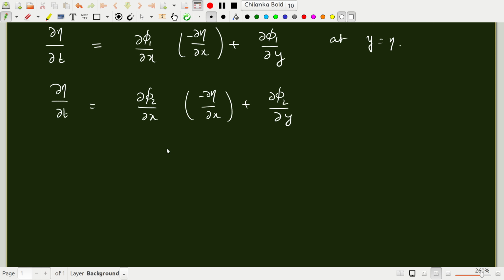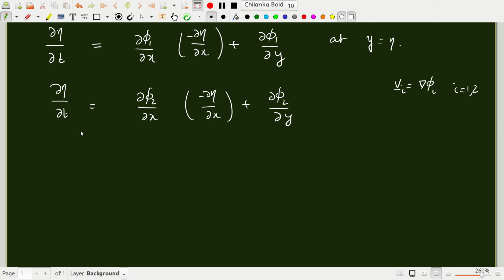And for the stresses, remember we are looking at the potential flow approximation, so V is written as the gradient of φ, and there are two fluids 1 and 2, so Vi is the gradient of φi, with i going from 1 to 2. This is the fluid label.